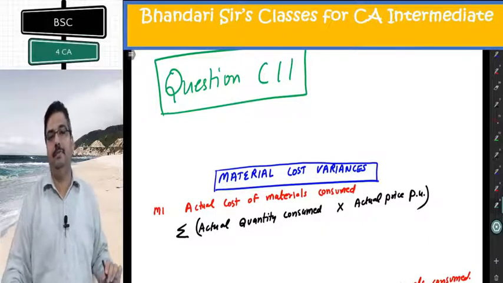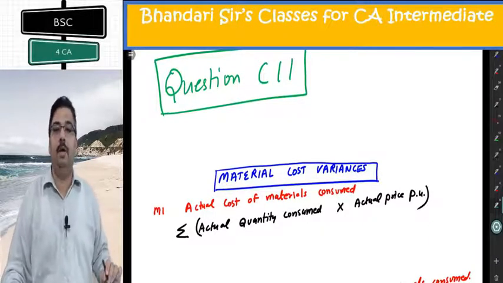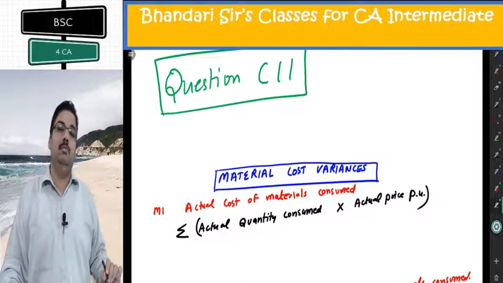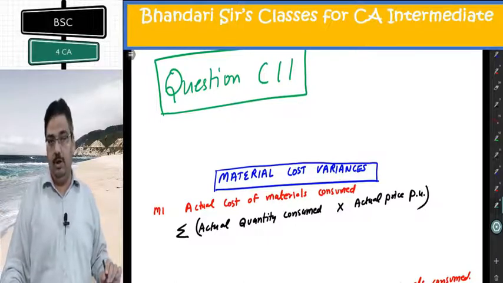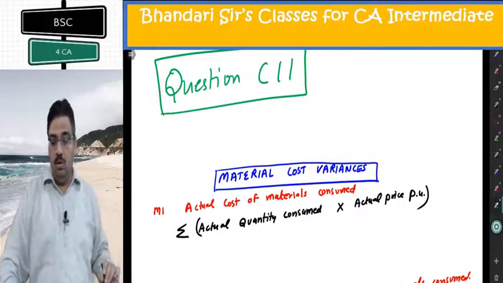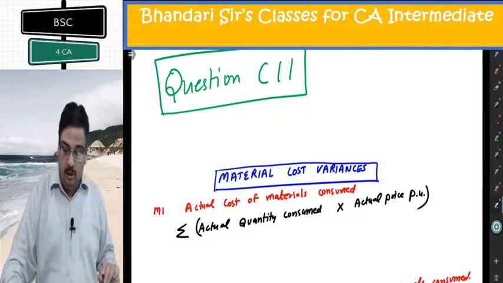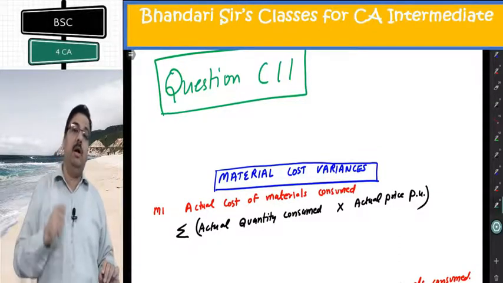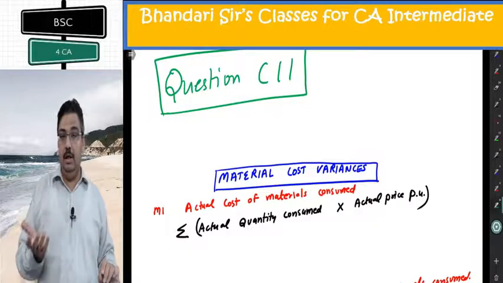Hello friends, the next question I am taking up is C11. It is another simple straightforward question carrying all the 4 steps and all the variances. Only one new thing you will find in this question. Units of measurement of all materials are not same.